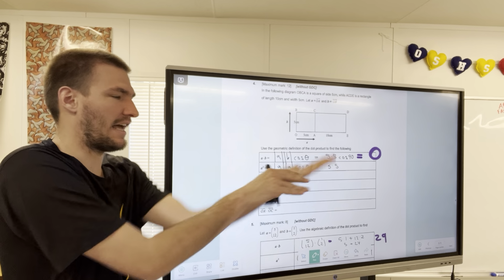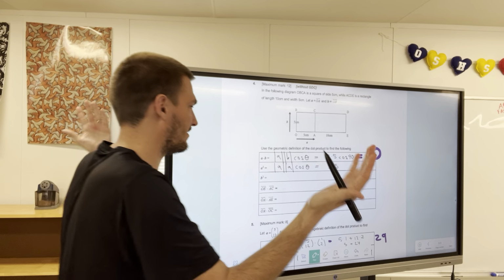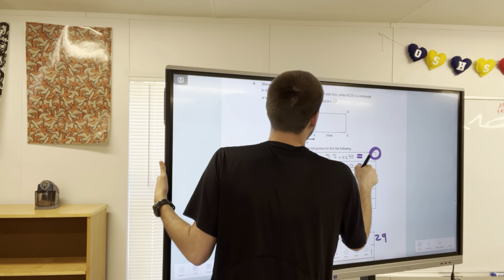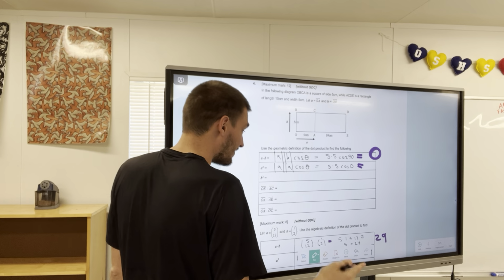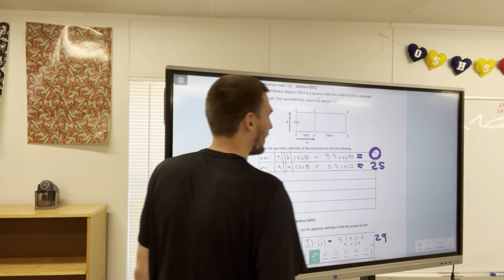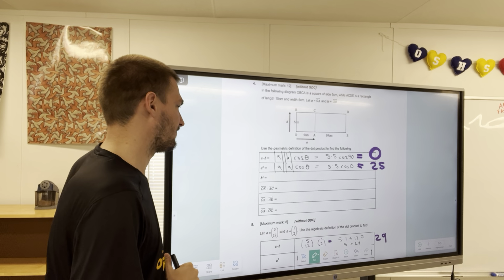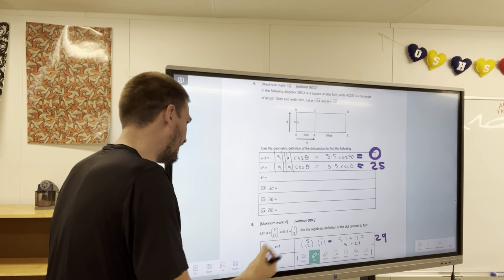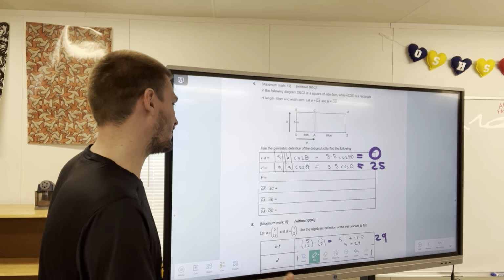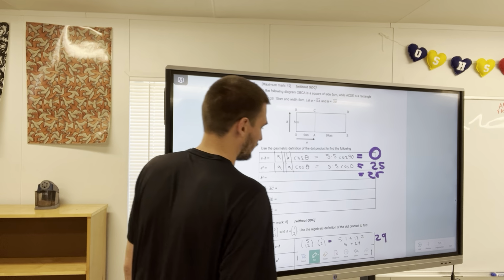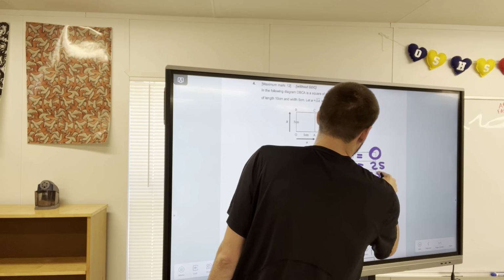They're exactly the same. Now, what is the cosine of 0? 1. So the answer here is 25. B and B, they're both B's, the cosine is again 1. What's the answer for the third one? 25.